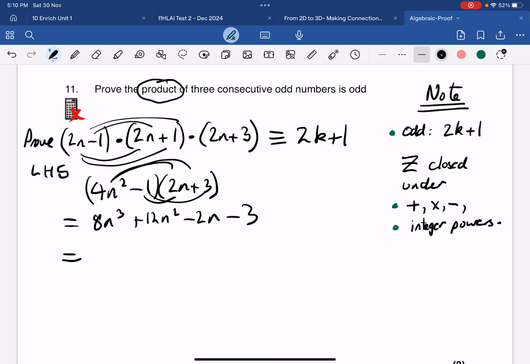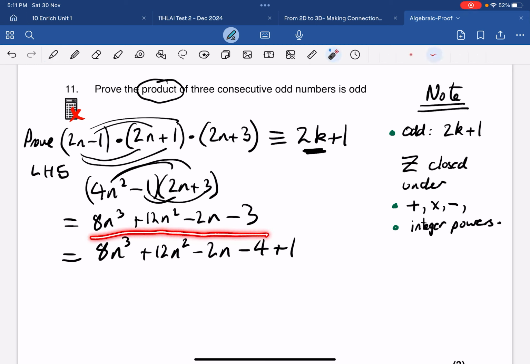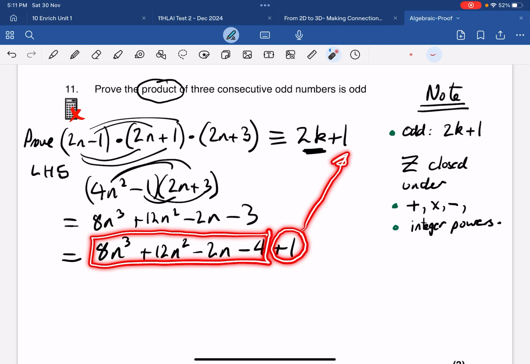Now we want that to be in this form, 2 times something. I can see a small problem, but there's a little cheat basically. There's a top tip here. We're going to change that negative 3 at the end into negative 4 plus 1. And maybe now you can see it, because we're going to factor out a 2 from here, and then leave that plus 1 at the end. So we're always looking to have a plus 1 at the end to shape it.